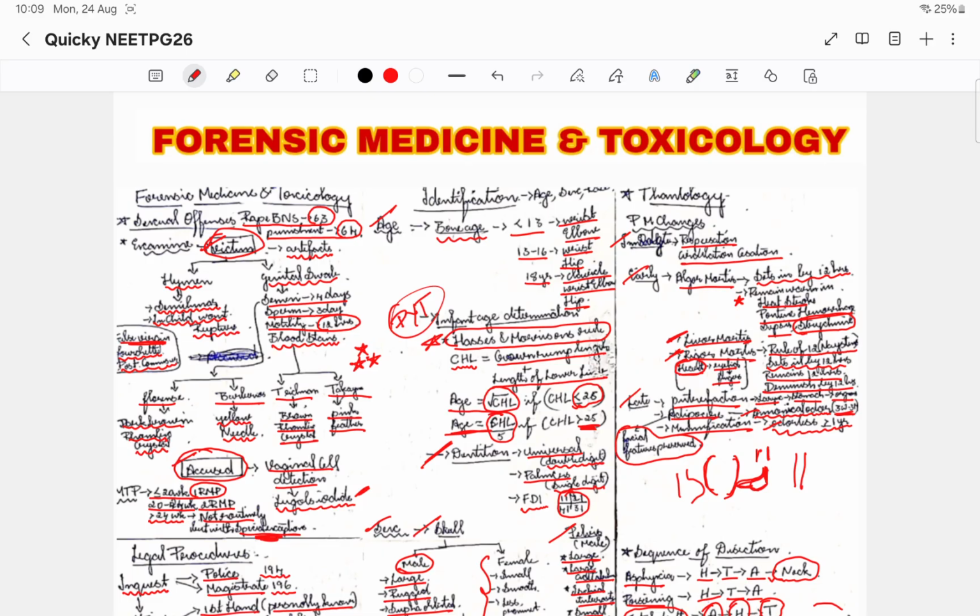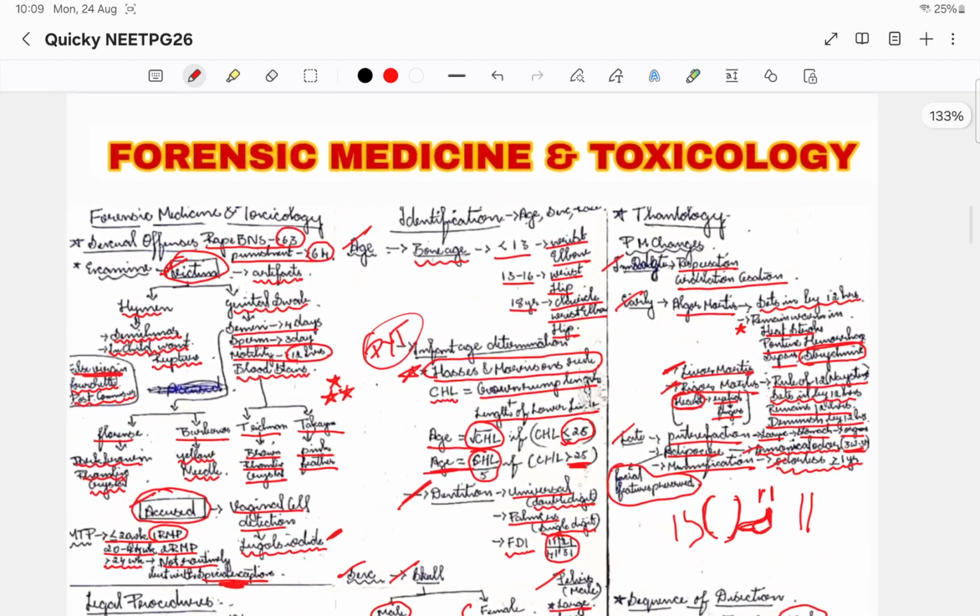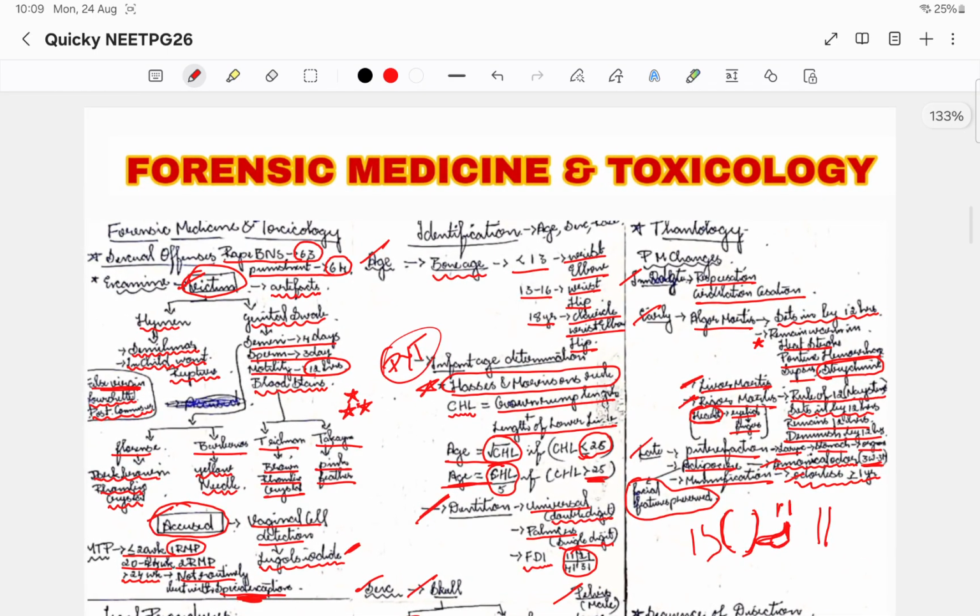Regarding kesari dal, I'll explain in PSM, but now there are some image based questions which can be asked in toxicology. Please see those image based flowers, fruits and all in your toxicology notes or toxicology textbook. Okay, so this is all with respect to forensic medicine and toxicology. Thank you.